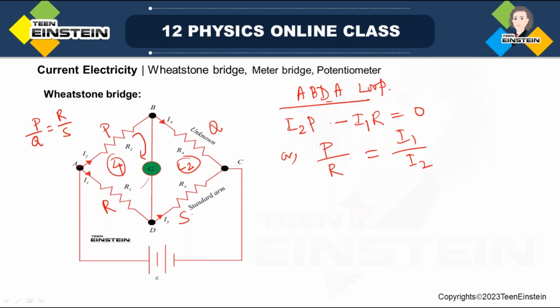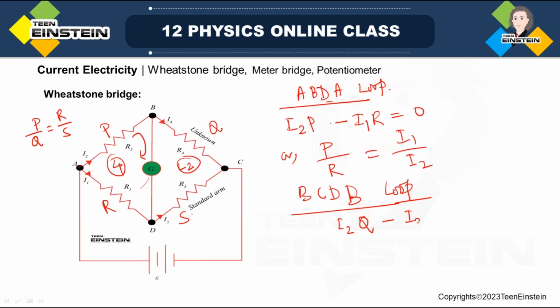Similarly, if I go from B to C, C to D, and D to B again, for this loop I can write in terms of Q. I can write I4, which is nothing but I2, into Q. Then this resistance is in the opposite direction.